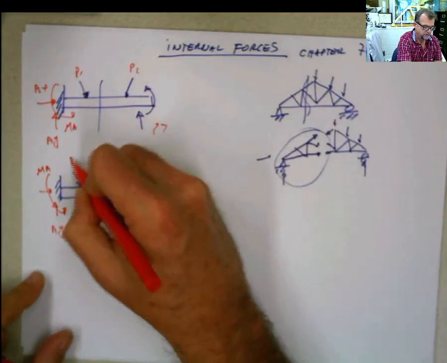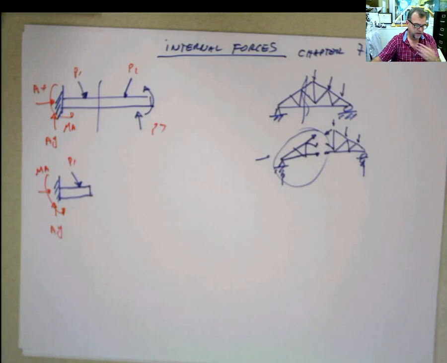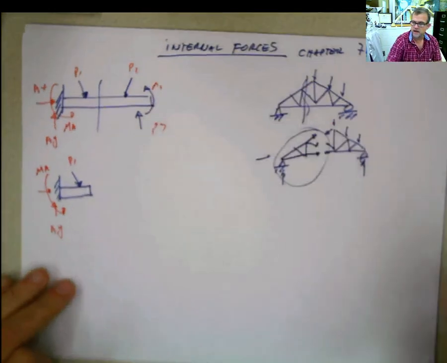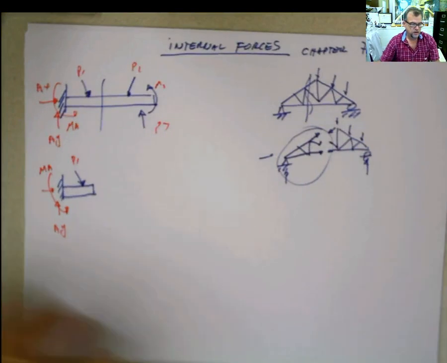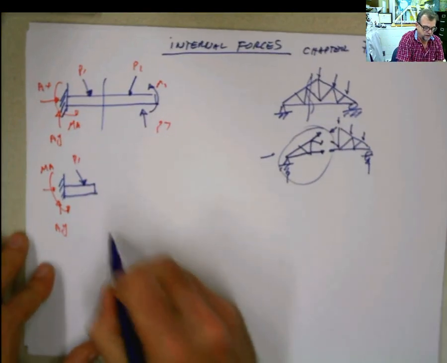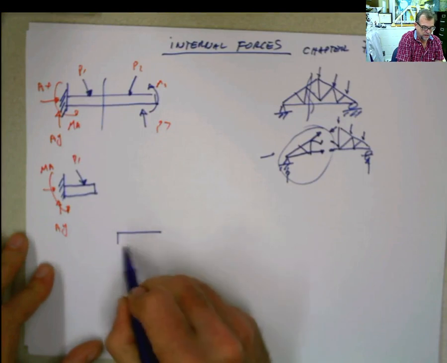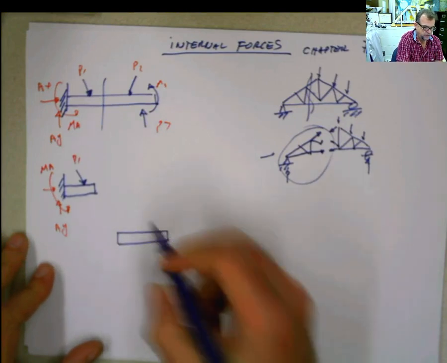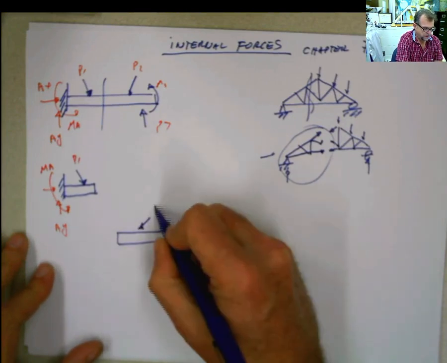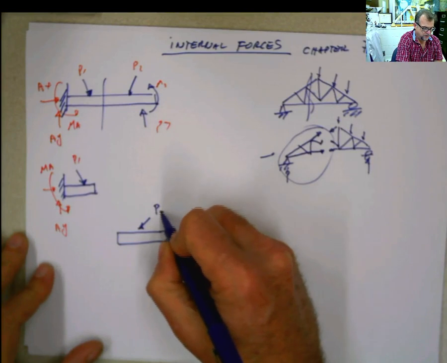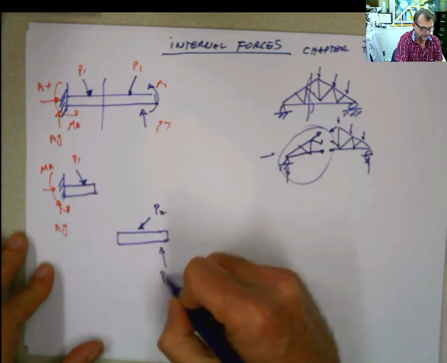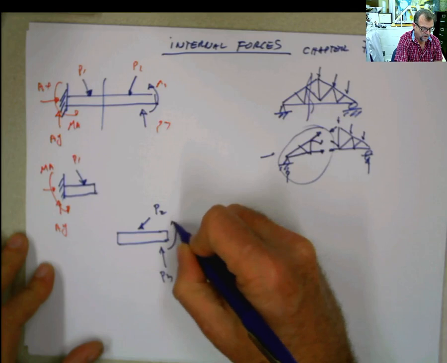So this is P1, and as you can see, I'm not considering the external moment M1 applied there. I don't care about that. So this here is P2, for example. This is P3. This is M1.